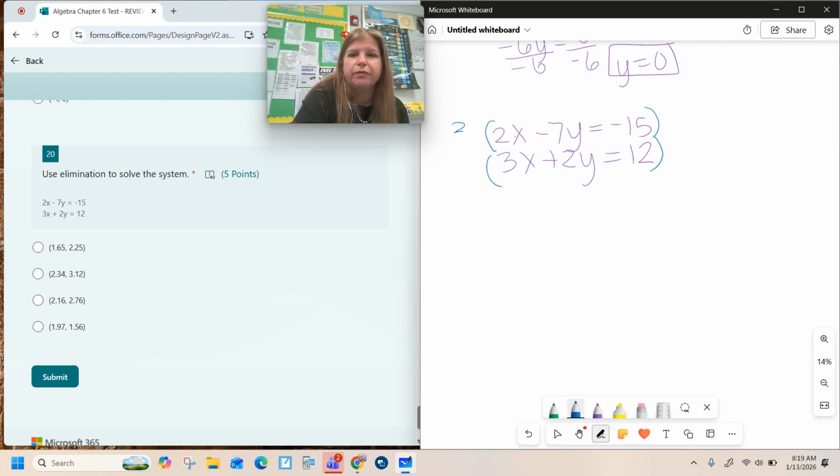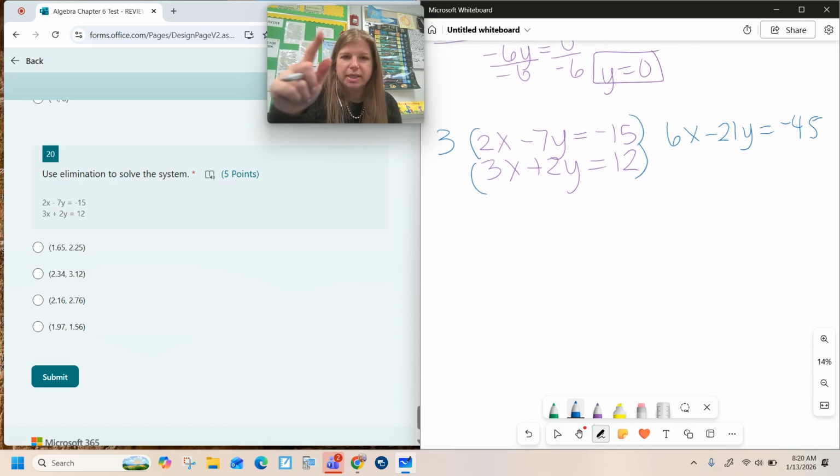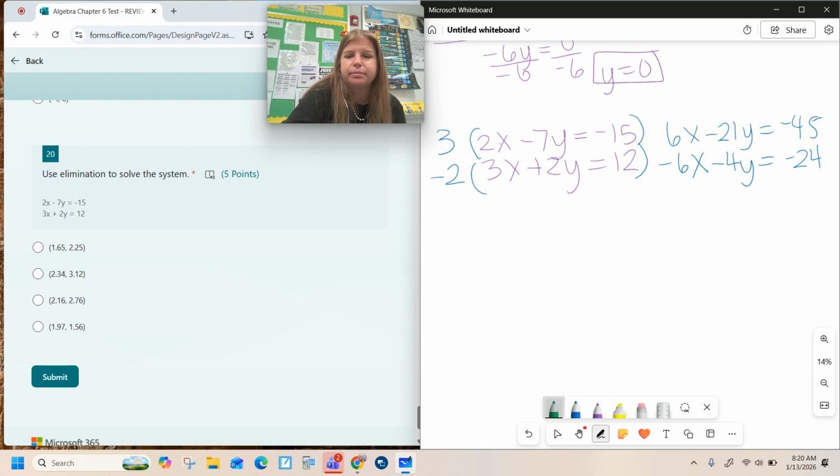So if I multiply the first equation by 3, I would get 6x minus 21y equals negative 45. Well, what eliminates out with a 6? A negative 6. What would I have to multiply the second equation by to become a negative 6? It would be negative 2. So if I multiply everything in that second equation by negative 2, I get negative 6x minus 4y equals negative 24. I can then go ahead and add these up.